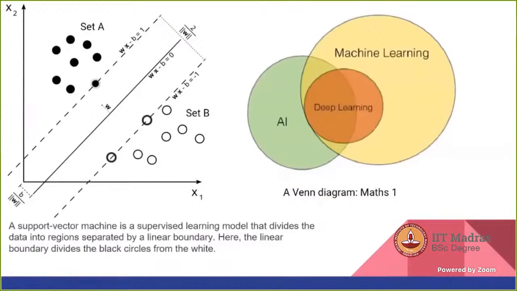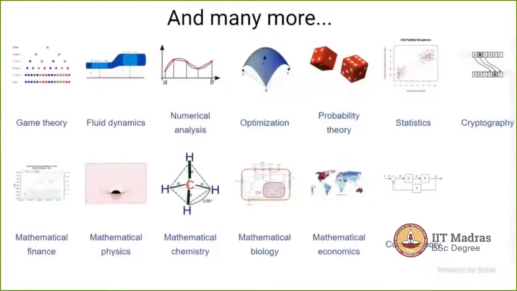So mathematics has an integral part in machine learning, deep learning, and AI, right? So that's one thing we can understand. There are not just these, there are many other places where we use maths. In game theory or fluid dynamics, or if you want to do some kind of numerical analysis or optimization, you will be dealing more with maths, and also probability theory, statistics, cryptography, mathematical finance, mathematical physics, chemistry, biology, economics, and control theory, you name it.